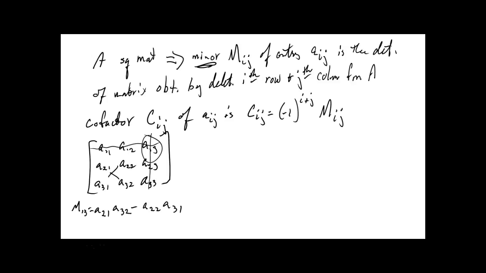Now, what the cofactor is either plus or minus that number. And here is the easy way to tell. Rather than doing 1 plus 3 is 4, and we raise minus 1 to the 4th power, you get plus 1. So that means you keep this positive, whatever this number is.